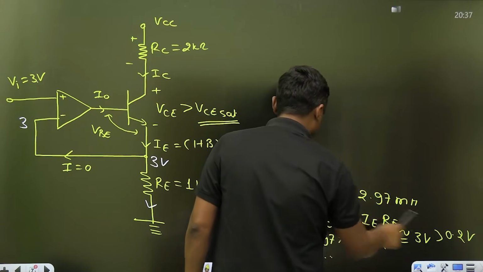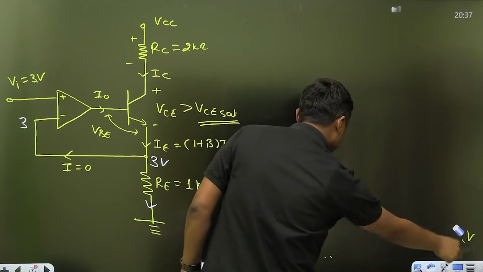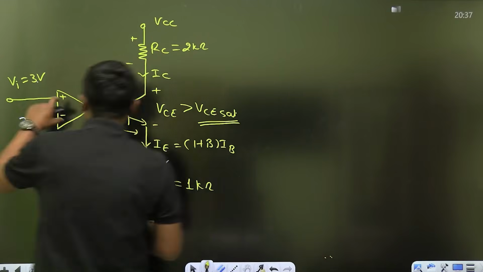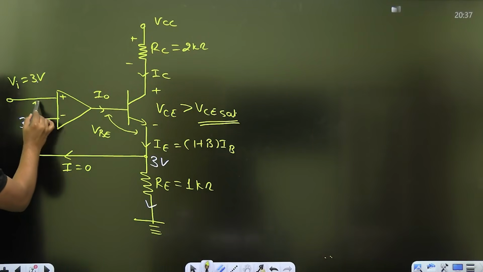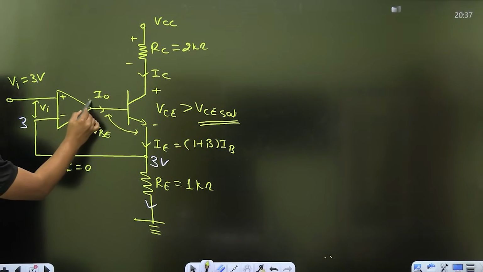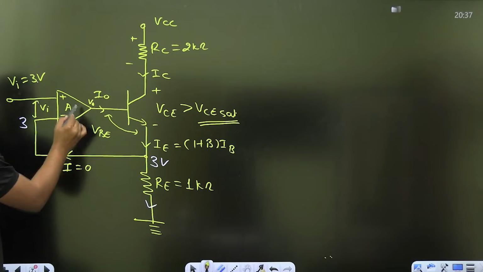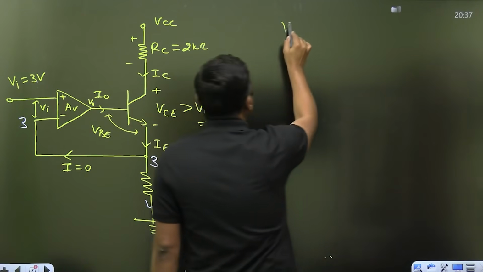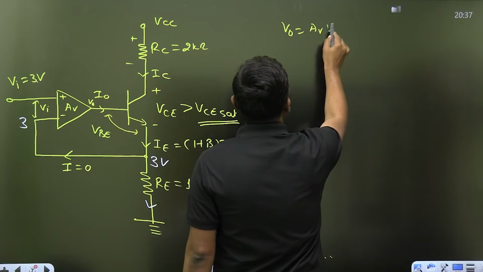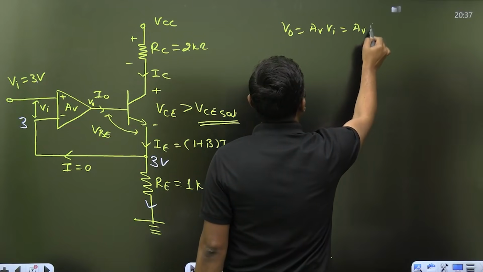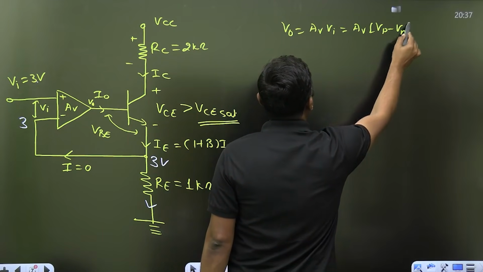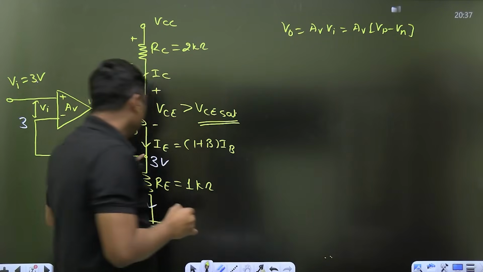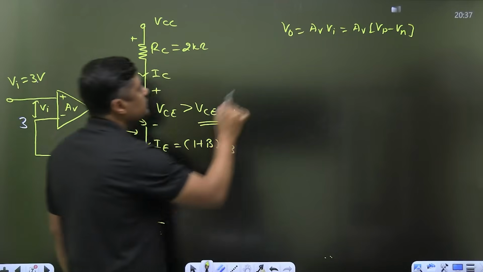Simple question. Right, this is the VI. Right, output of the operational amplifier. This is the gain of the operational amplifier. So V naught is equal to AV into VI. What is this? AV into VP minus VN, positive terminal minus negative terminal. Negative terminal depends upon the VE.